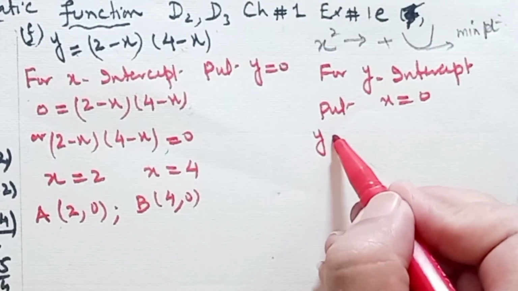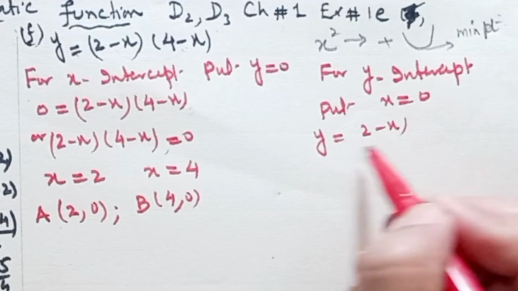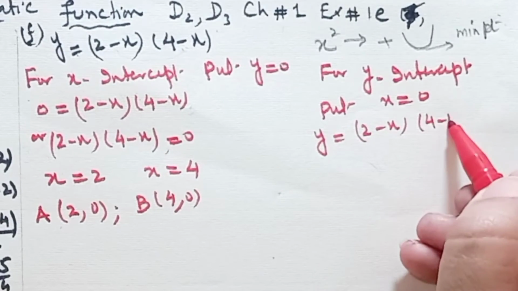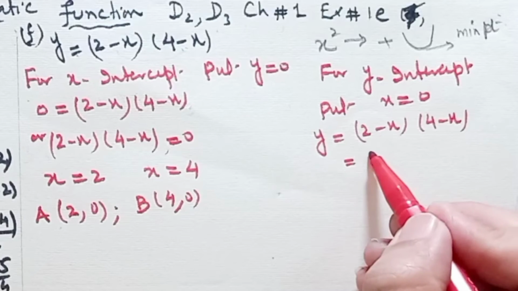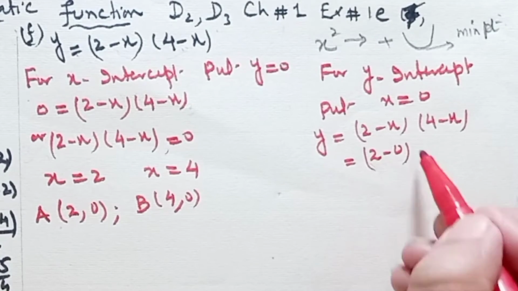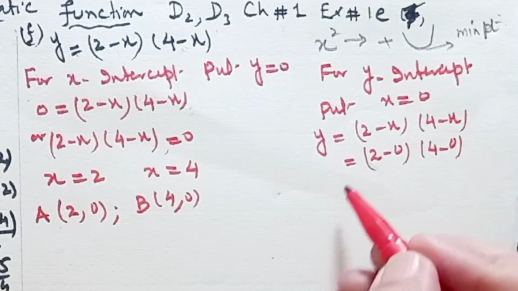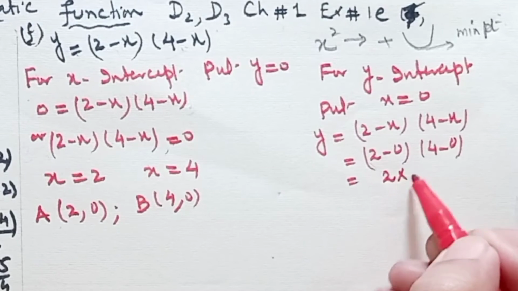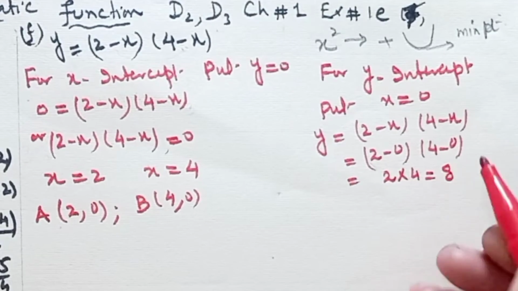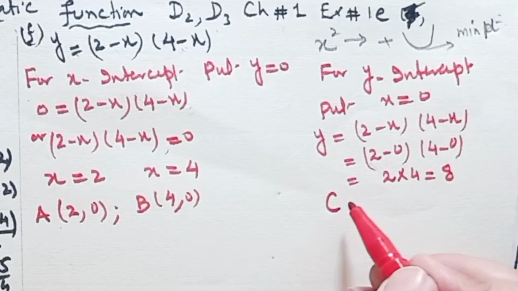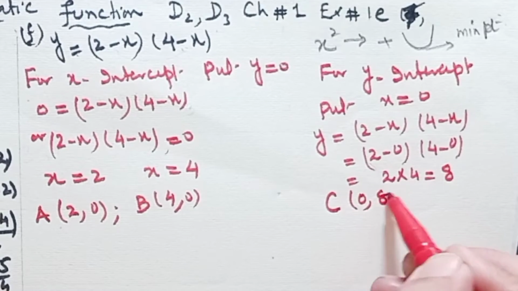So the equation will take the form y equals (2 minus x) times (4 minus x). X becomes 0 here, so 2 times 4, which is equal to 8. So the third point is (0, 8).